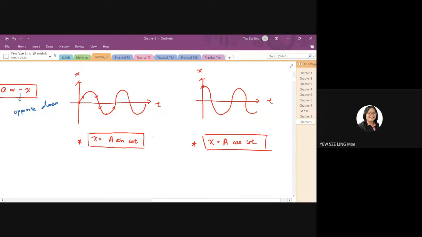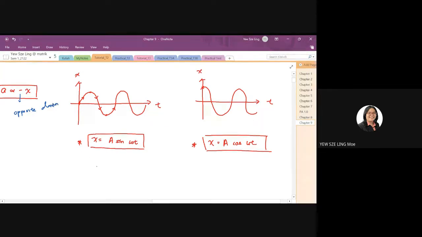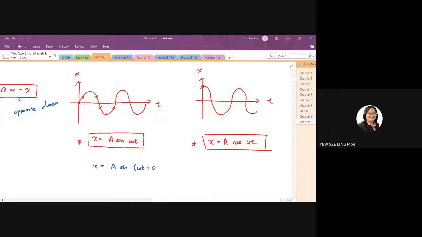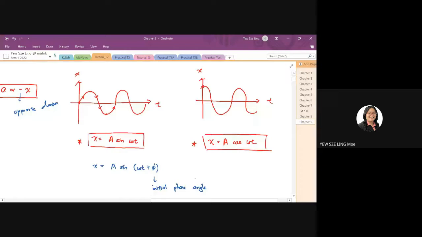Of course, you can have another type of equation as well, where x equals a sin, bracket, omega t plus phi. This phi is what we call the initial phase angle. It tells you the object does not start from the equilibrium position if you use it with the sine function.